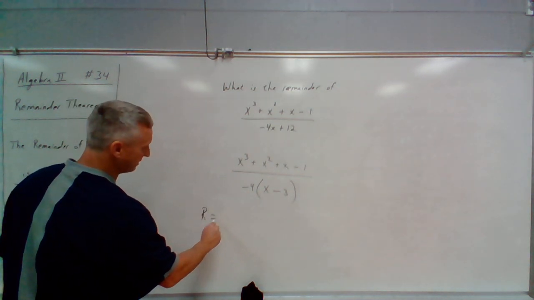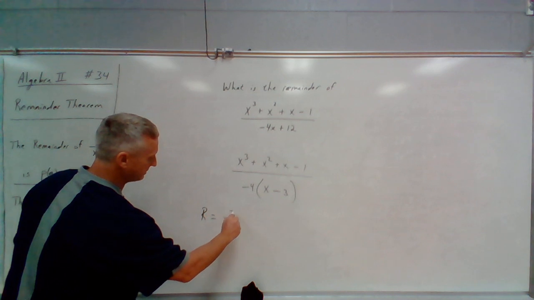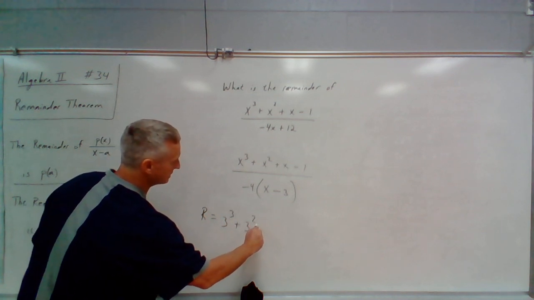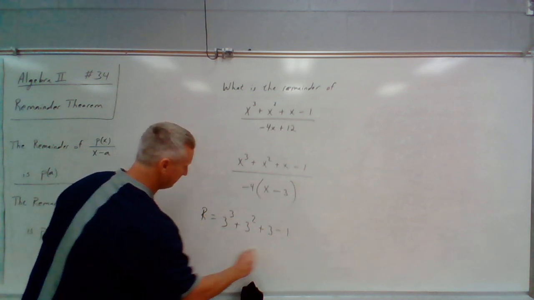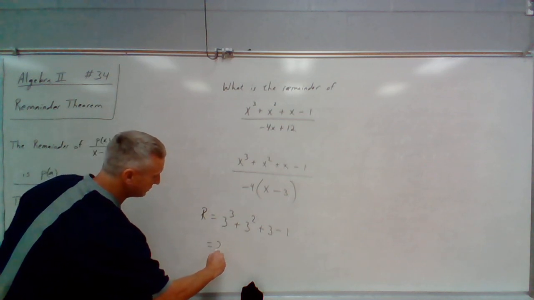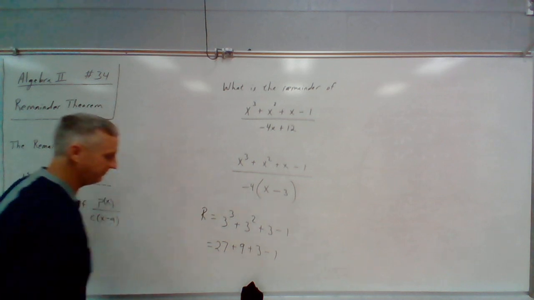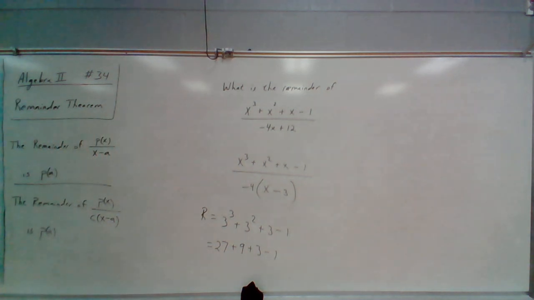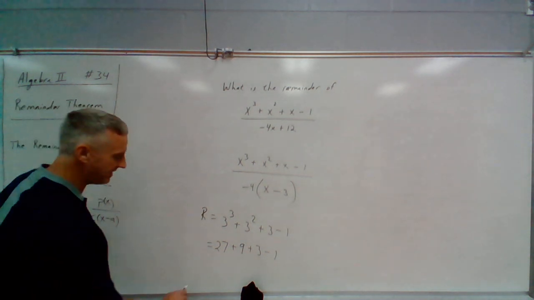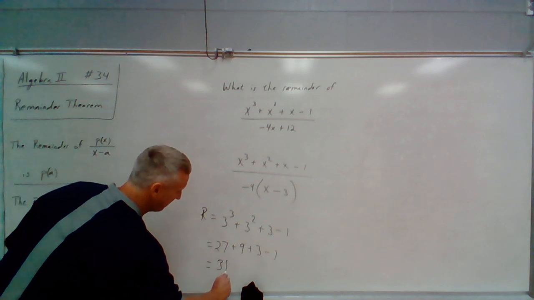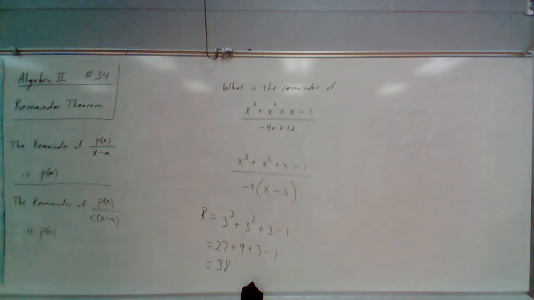The remainder equals 3 to the third plus 3 squared plus 3 minus 1. 3 to the third is 27 plus 9 plus 3 minus 1. 27 plus 9 is 36 plus 3 is 39 minus 1 is 38. So the remainder of that would be 38.